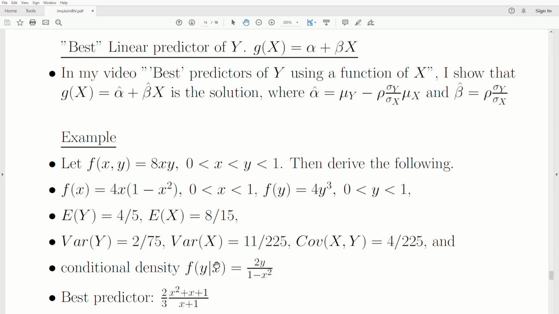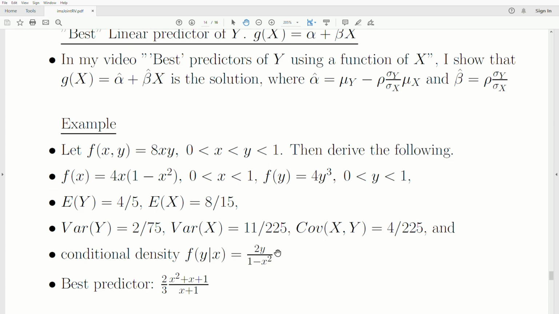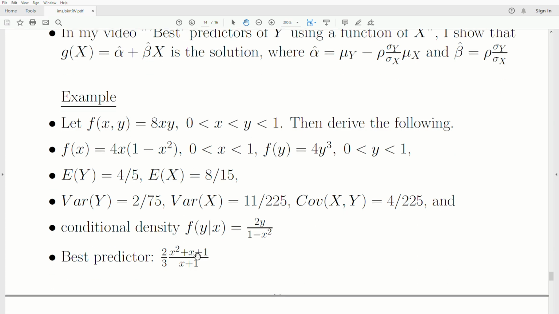And then the conditional density of y given x is the ratio of the joint density divided by the marginal. Notice it's this. And now we can find the best predictor. If we take the expected value of this with regards to y, we get this expression here, 2/3 times x squared plus x plus 1 over x plus 1.